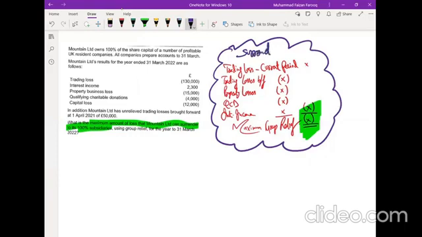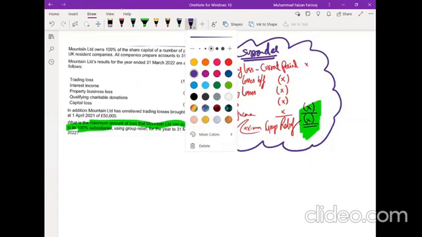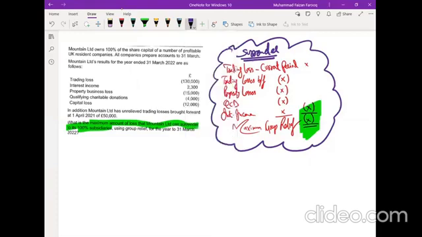They ask how much you can surrender, not accepted. The company we are talking about is Mountain, and how much loss Mountain can give. Surrender means give. Mountain is allowed to transfer. How much is it allowed to transfer? We have the format in front of us. First of all, just search for the numbers. Trading loss. Current year, how much loss did Mountain Limited incur?